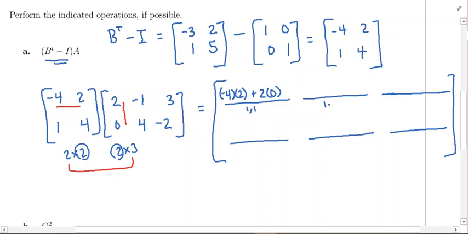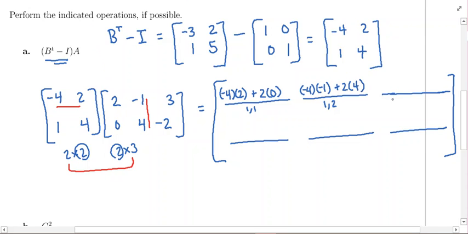Next we've got the first row, second column. This time we're still doing the dot product of the first row, but now we're looking at the second column, the -1 and the 4. So we're going to get -4 times -1 plus 2 times 4.